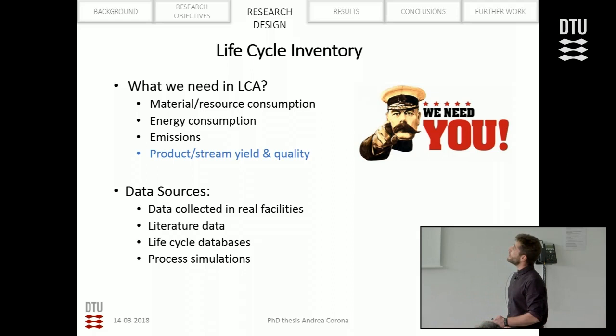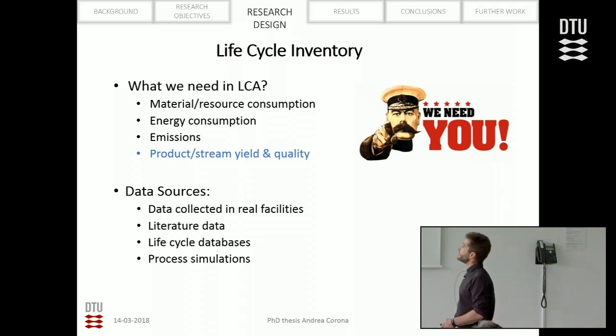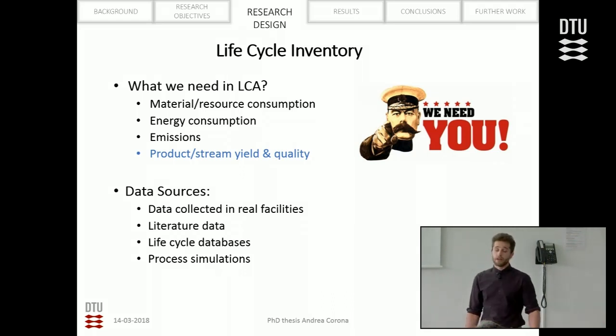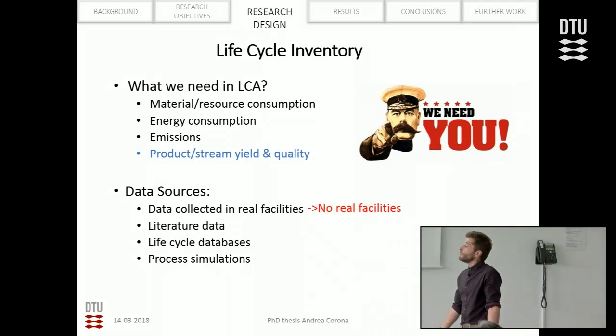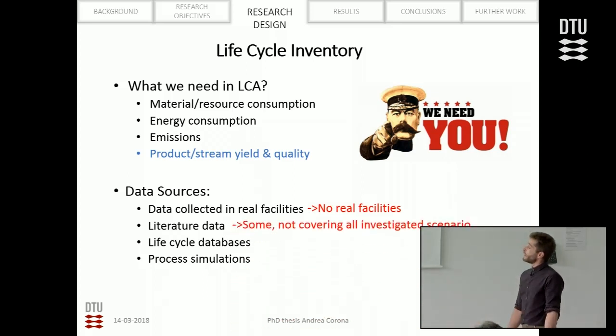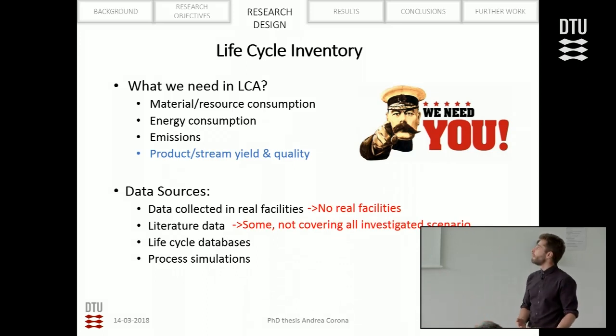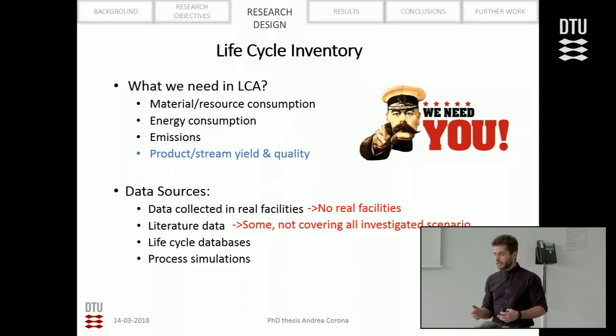To collect all this data, there are 4 different data sources available, which are generally used in LCA. The first is data collected in real facilities, but in this case, we don't have real facilities yet. The second is literature data, and as I presented before, they provide some data, but they are not covering all the investigated scenarios.